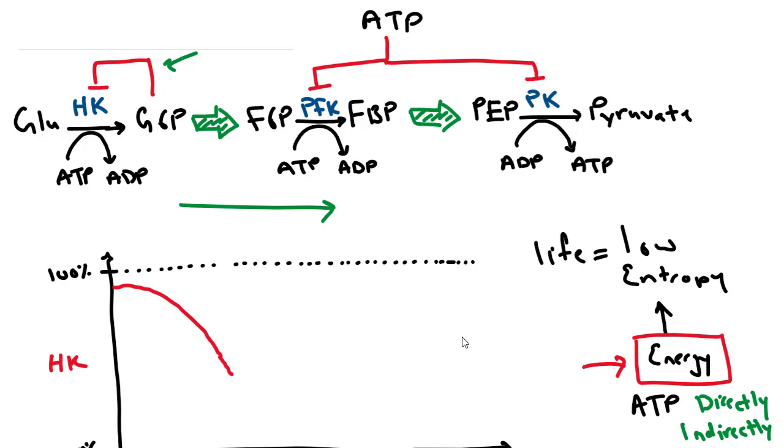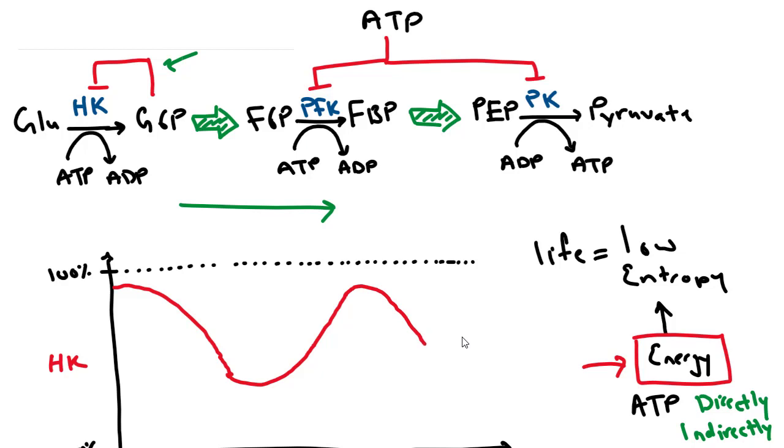Not 100%, but slowly be lifted. And thus, this will start to swing back up, right? More glucose 6-phosphate is being made. But as more glucose 6-phosphate is being made, well, then the inhibition on hexokinase increases, so it starts to go down, right?